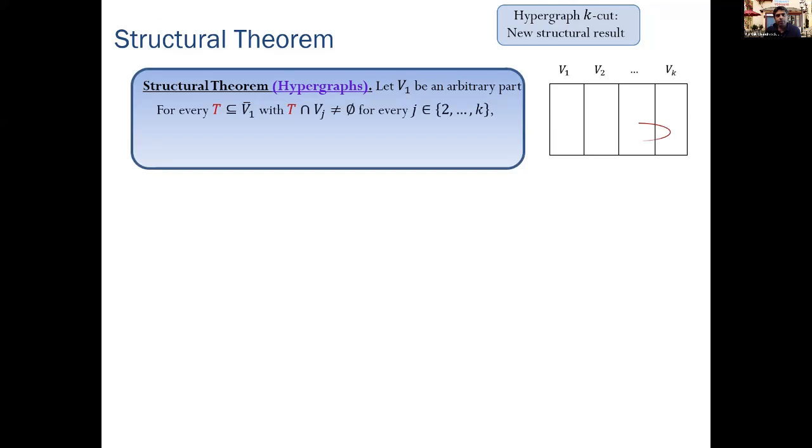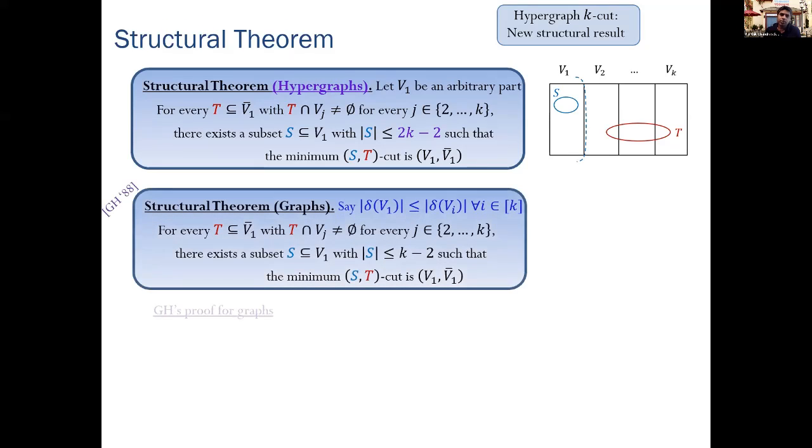We show that for every subset T that is disjoint from V1 and intersecting each of V2 through Vk, there is a subset S inside V1 of small size, of size at most 2k minus 2, such that the minimum ST cut is exactly V1 bar. This structural theorem was not known even for graphs.